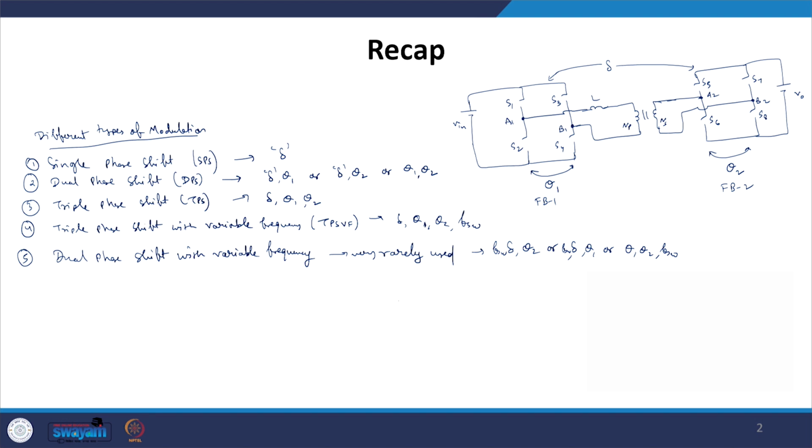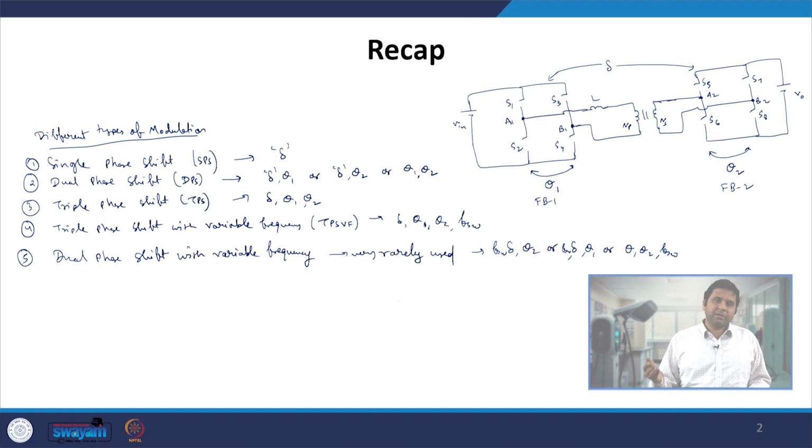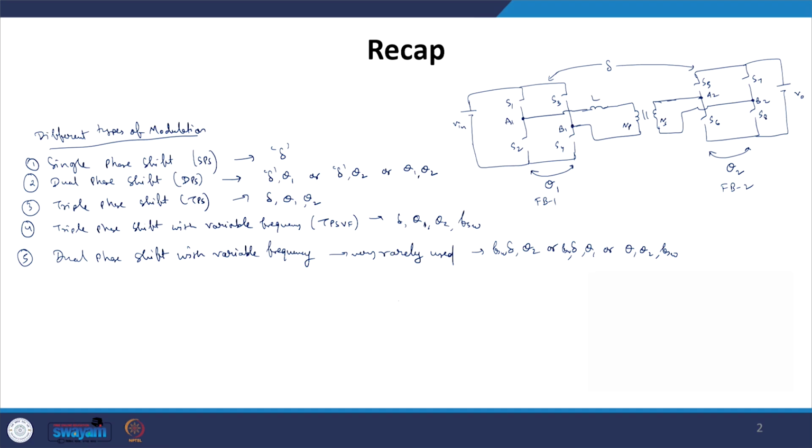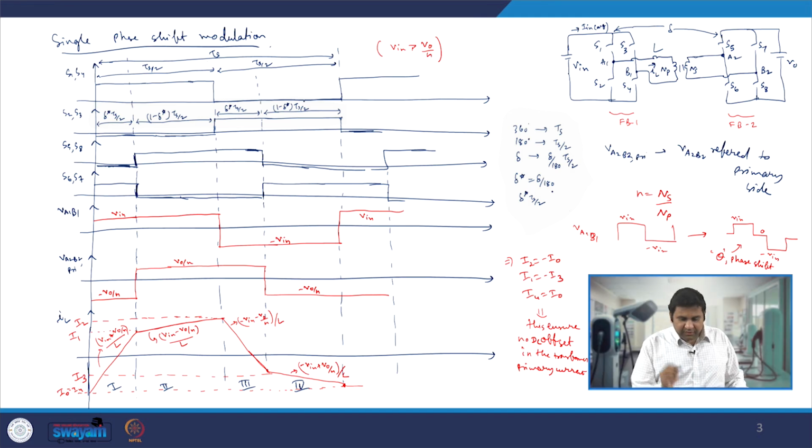One can either reach a closed form solution, or do an optimization such that the inductance value is smaller and, at the same time, the RMS ratings of the switches as well as the inductor are also smaller. So one can do that optimization and arrive at my number of turns and my inductance. So here if you look very carefully, this waveform is there whenever we have V in greater than V naught by N.